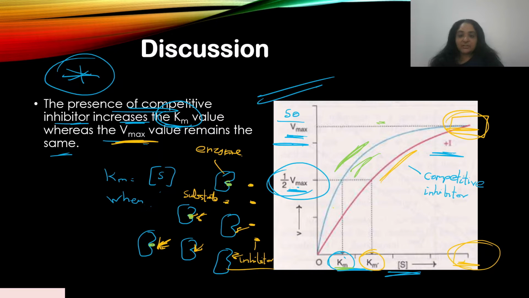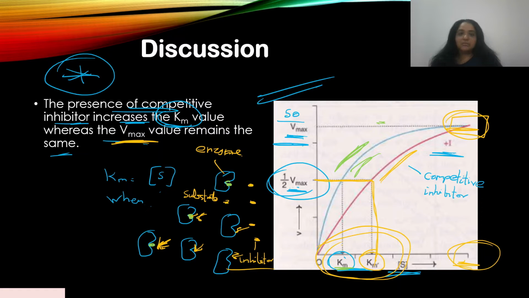But when you look at lower levels of substrate concentration over here, the Km value was shown to increase. That means now to reach half of that velocity, the Km value has to increase. That means substrate concentration has to increase in the presence of an inhibitor. That's what it basically means.